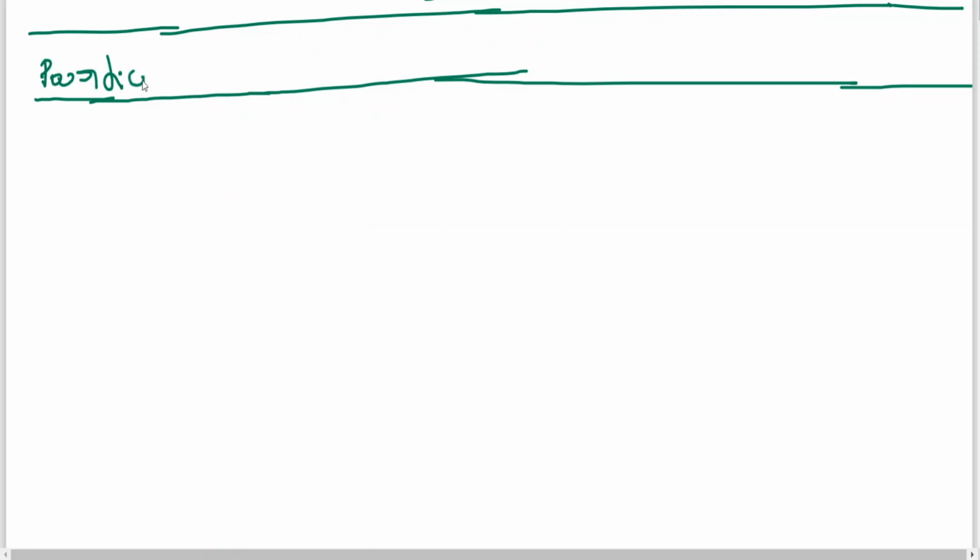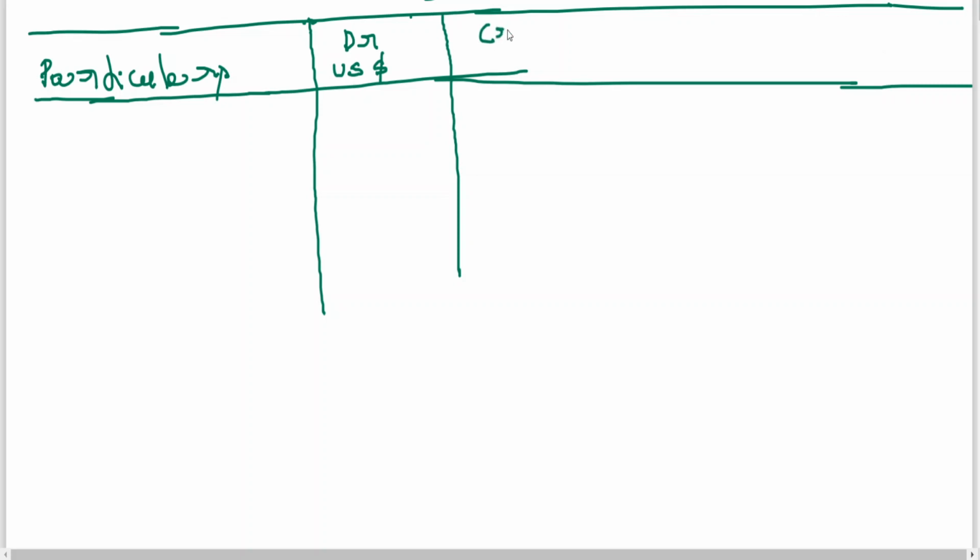Particulars. I'm also writing debit, US dollars, trial balance that has been given. Credit, US dollars.